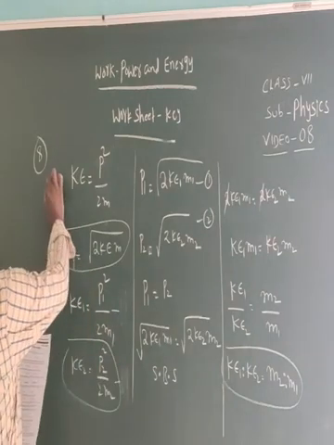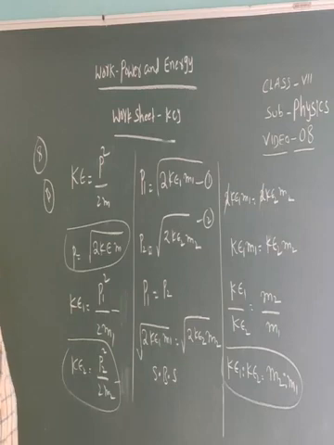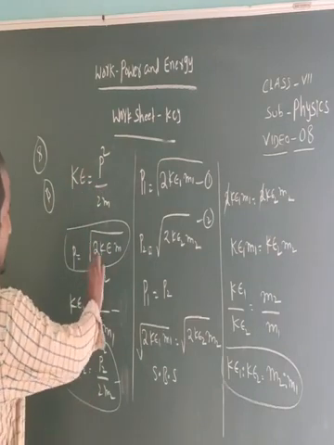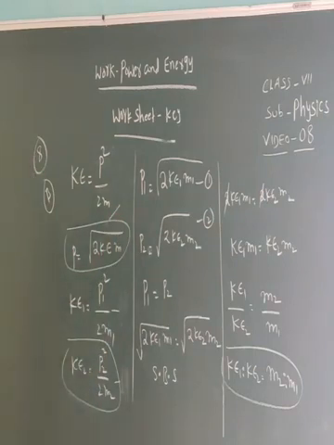So here B is the answer. Listen once again. Here two bodies of masses M1 and M2 are given. At the same time momentum is equal. The two bodies have equal momentum. So the relation between momentum and kinetic energy is K equals P square by 2m. The above equation we can write like this also: P equals root of 2K into mass.